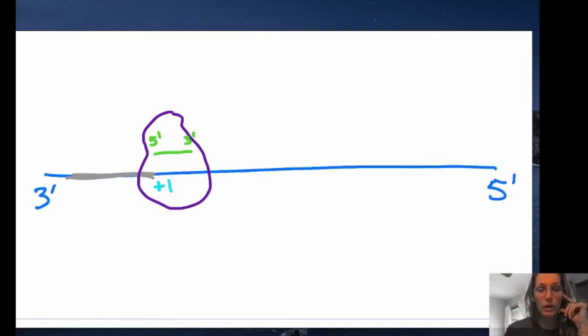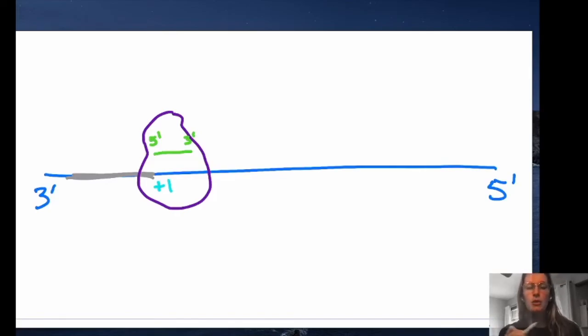It hits that transcription start, that +1. As it's moving in the 5' direction, the first nucleotide that it lays down is 5', to what we would call the left of your screen.